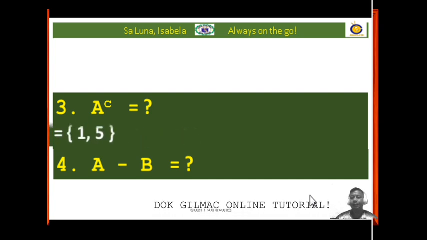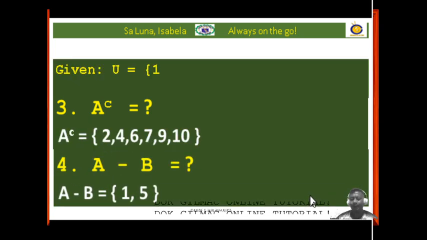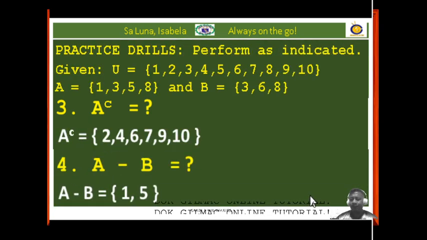A minus B and A complement. So let's just have the given here. Set U is 1 up to 10. Set A is 1, 3, 5, 8. Set B is 3, 6, 8. If we are to determine the A complement here, all we have to list down are elements of the universal set that are not in A. So there are 4 elements for A here.